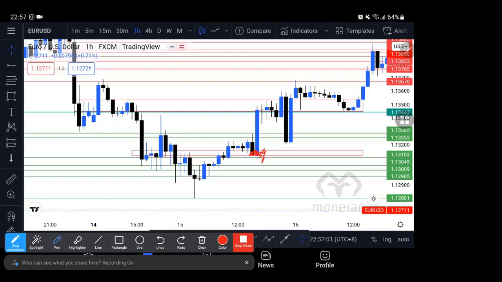So I must have a layer of another entry earlier, and then I'm just going to add up and wait for the momentum to kick in. So the news is not a new opportunity for me. It's just a momentum booster for my entry to go to my TP, something like that. Got it.